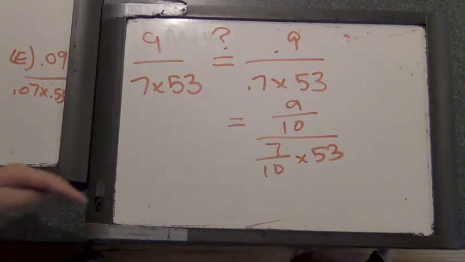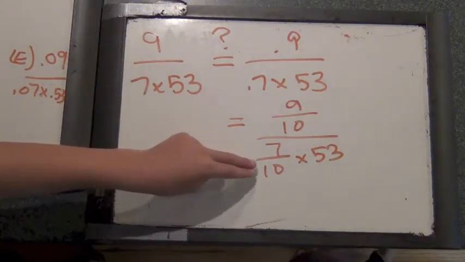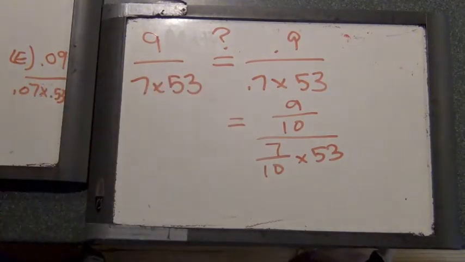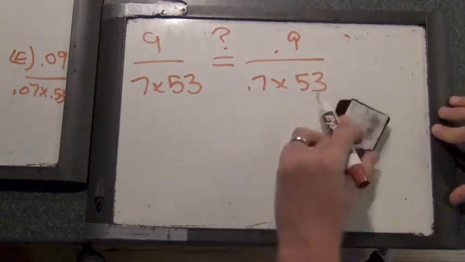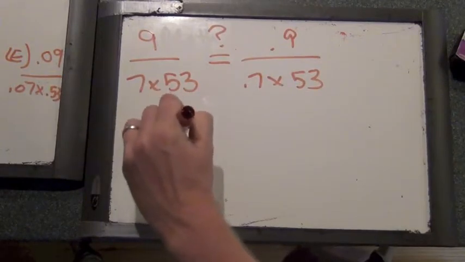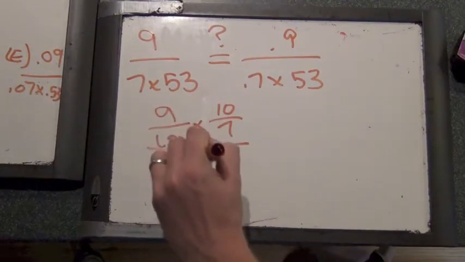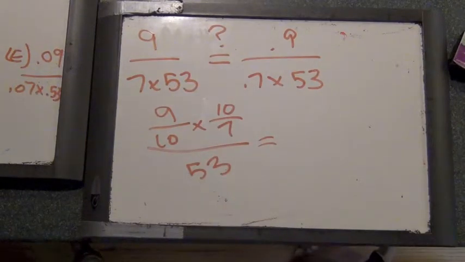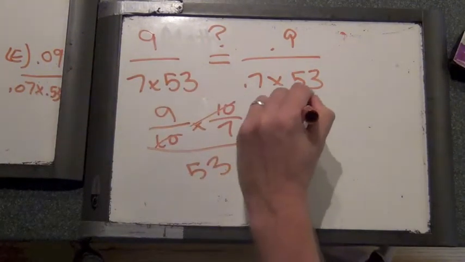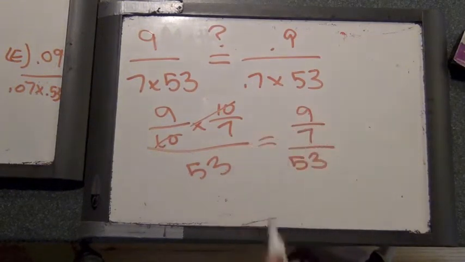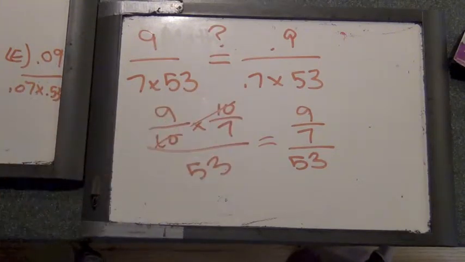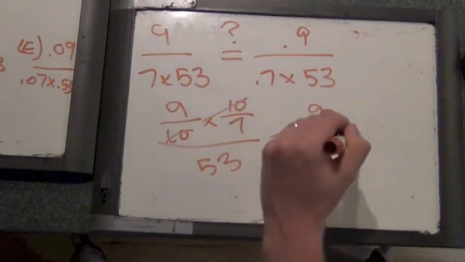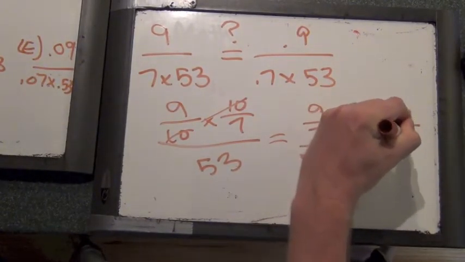When we bring it up, it's 9/10 times 10/7 divided by 53. Sorry, I'm not used to working in this small space. Well, those cancel, and I'm left with 9/7 over 53. It's also 9/7 times 1/53.